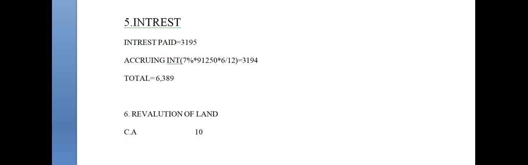The revalued amount is 120,000. Where do we get it? The additional information too.